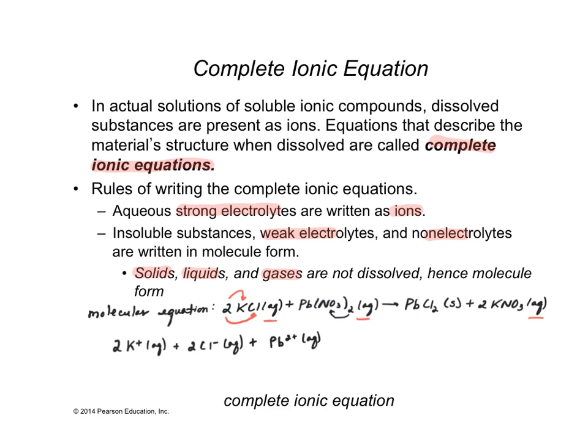And then we've got these nitrates, and that again is going to be distributive, so it goes to both of these. So this would be plus 2NO3- aqueous. Notice that I didn't write NO3 with a subscript 2, because this doesn't exist. All this really is just two separate NO3- ions floating around.